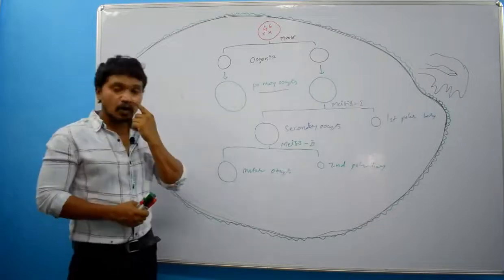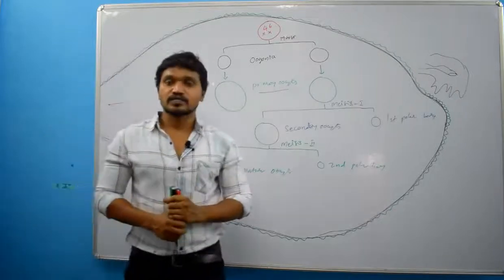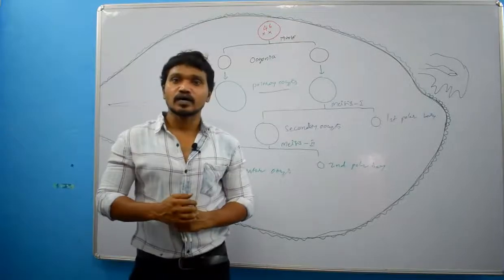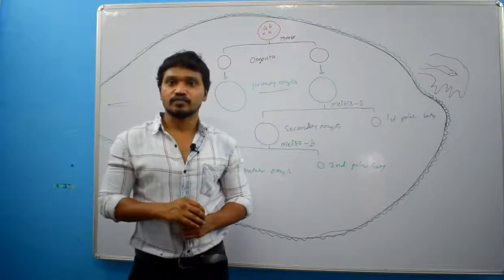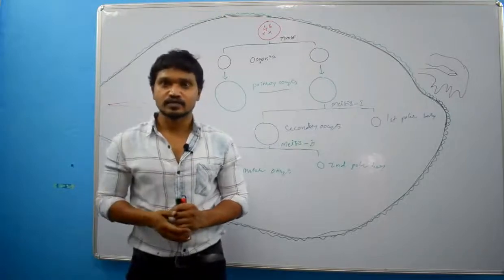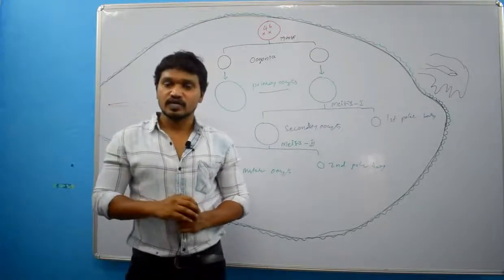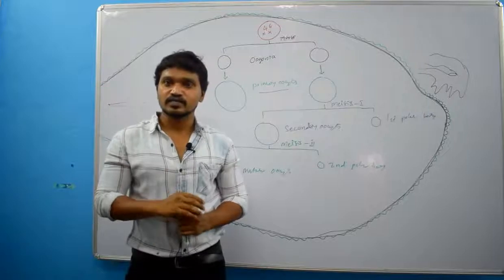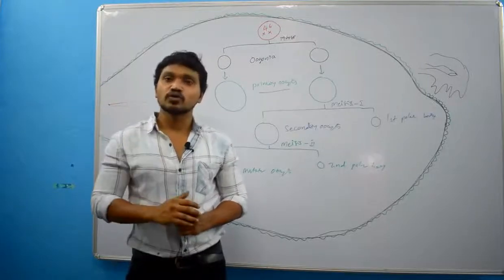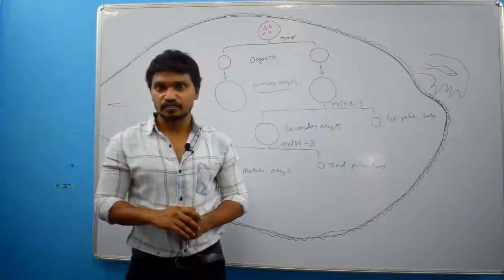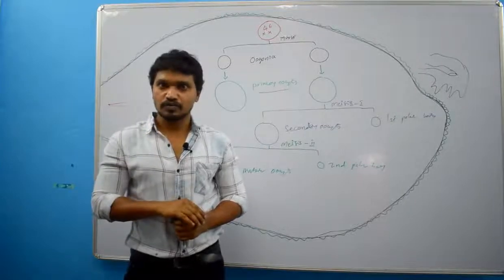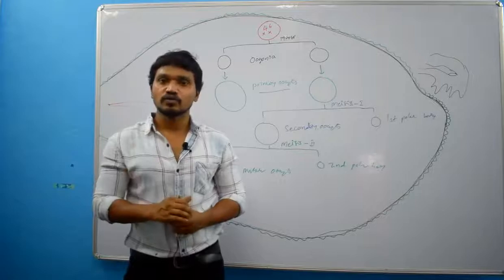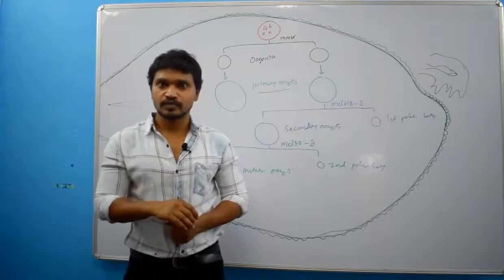Actually, primordial sex cells appeared in the wall of yolk sac at the 4th week of intrauterine life, as I have discussed. Those cells traveled through the dorsal mesentery of hindgut and reach the site where gonads are going to develop. That site we call gonadal ridge.